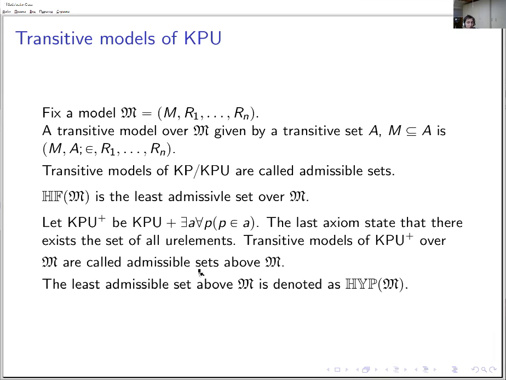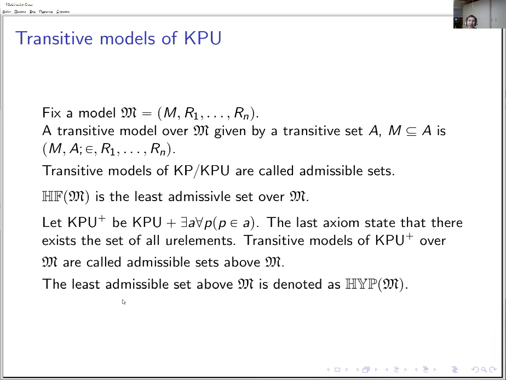This is called admissible sets above M. The least admissible set above M is denoted as HYP of M. HYP here stands for hyperarithmetic.